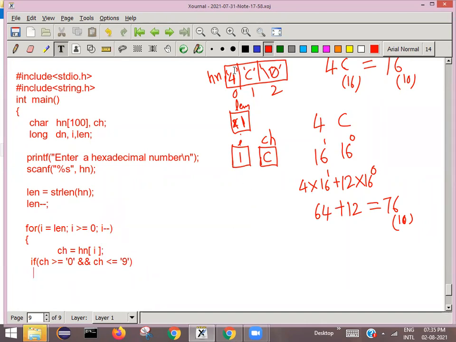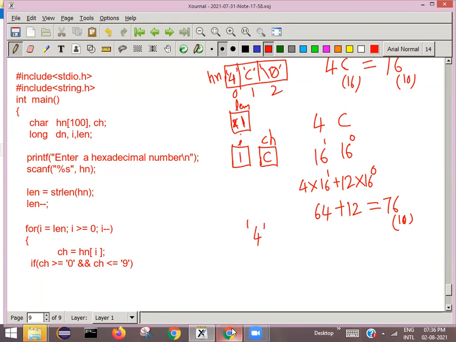Now you convert that into a digit. Say for example, when I say this 4, internally how is this 4 stored when I say character 4? Now I got the character 4. So it will be stored as a character 4.